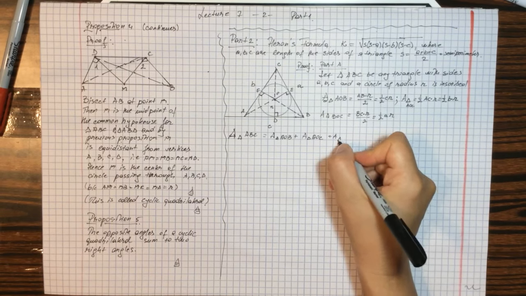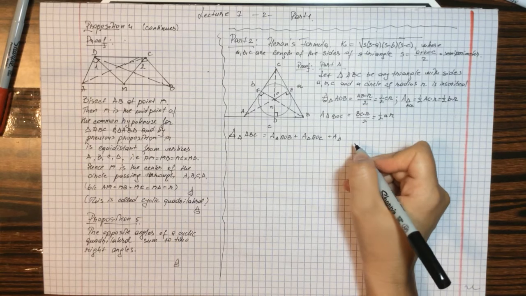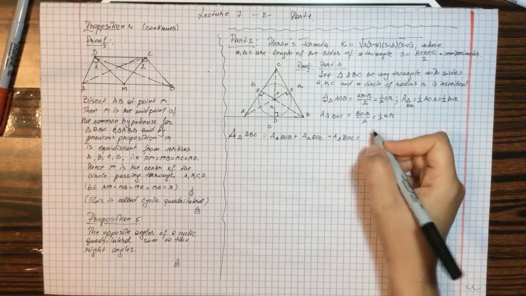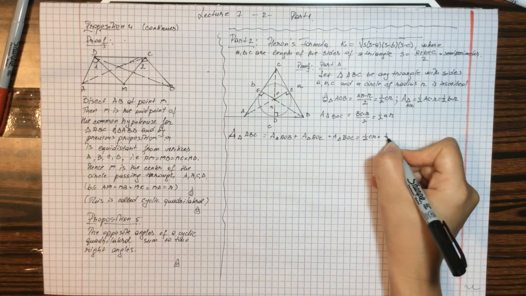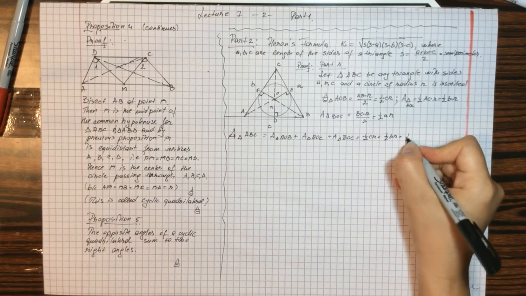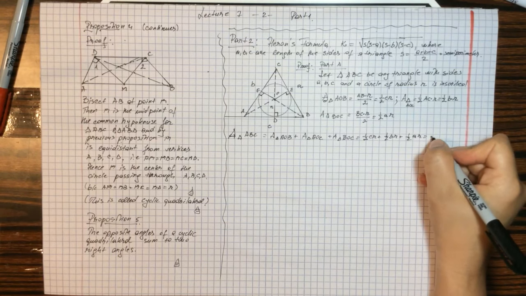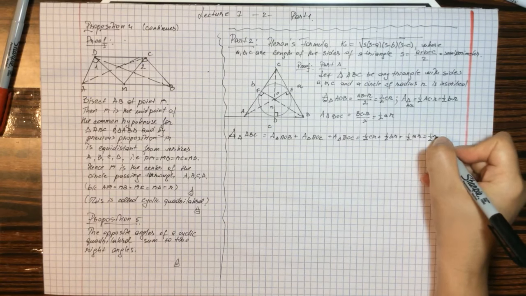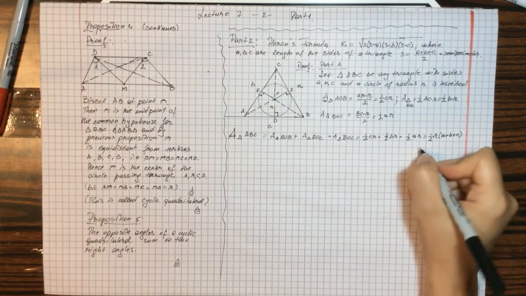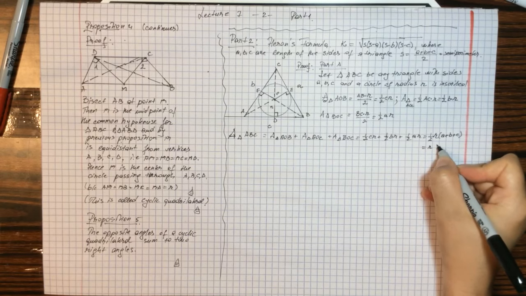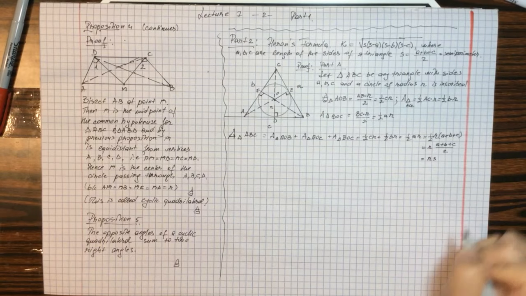So that's the same as saying 1/2 cR plus 1/2 bR plus 1/2 aR, or it is equal to half R times a plus b plus c. This is the same as saying R times (a plus b plus c) over 2, or R times S.